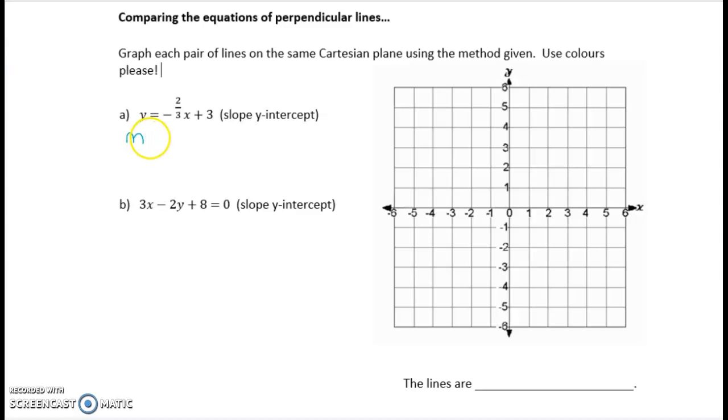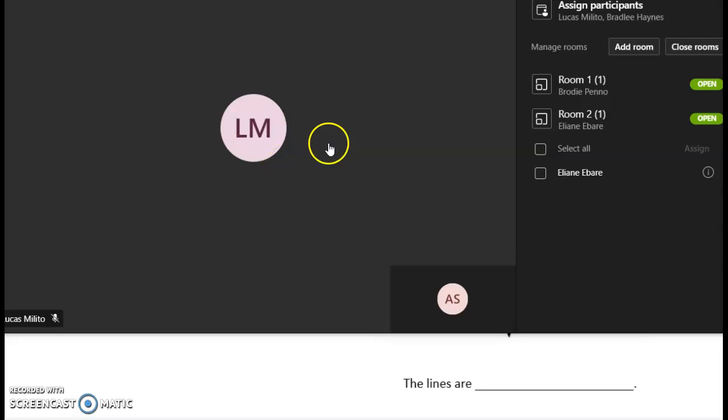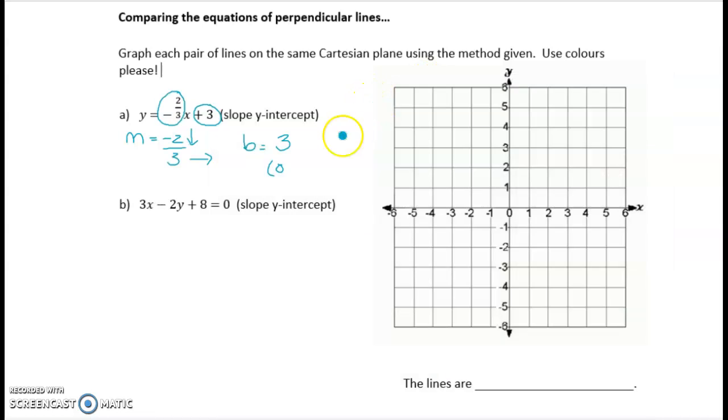So, slope is our number in front of our x, so it's -2 over 3, which means we go down 2 and then over 3 positive. And then our y-intercept is at +3, so x is 0 and y is +3.